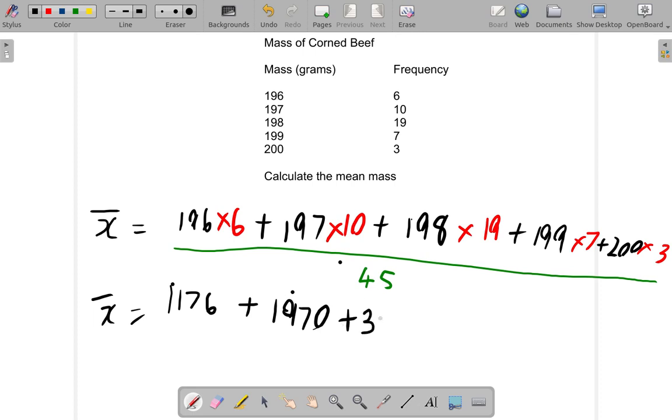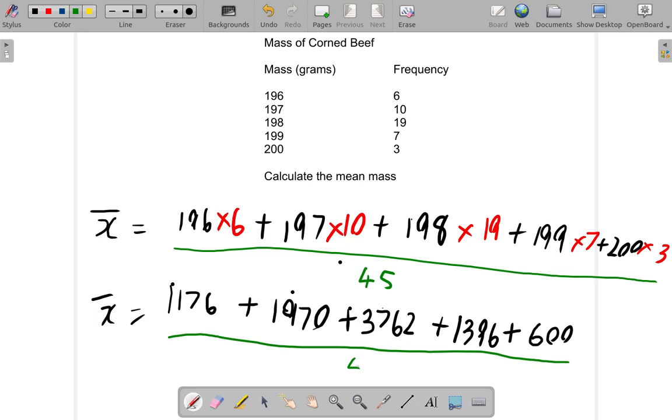So that is 3762 plus, and you have 199 multiplied by 7 gives you 1393. So that's 1393 plus, and then 200 multiplied by 3 is 600. All of this will be divided by 45.